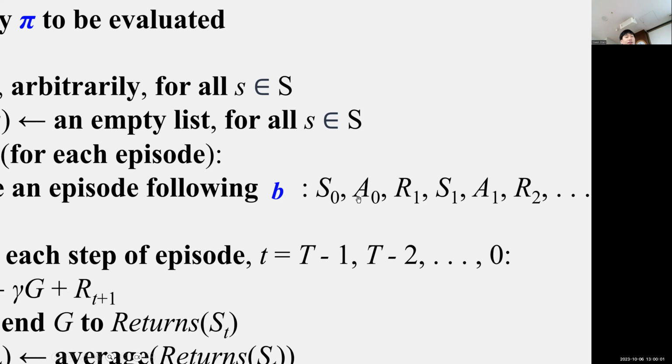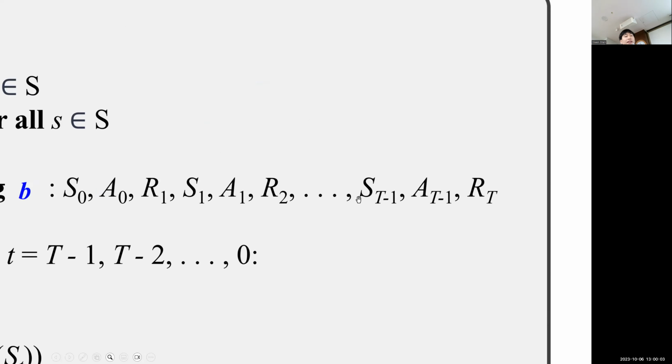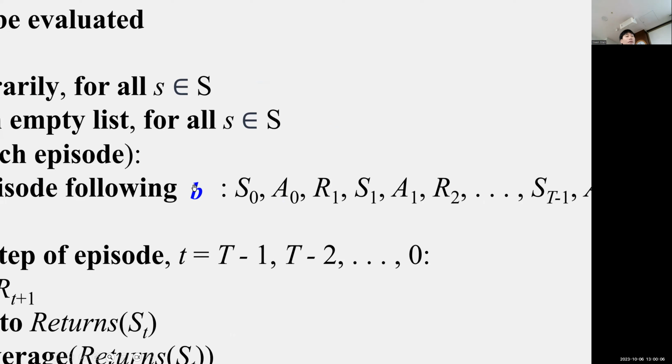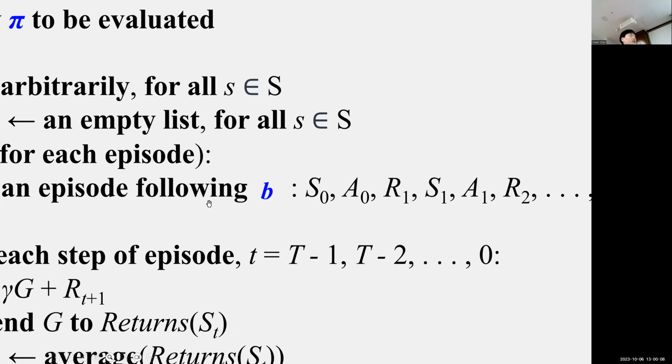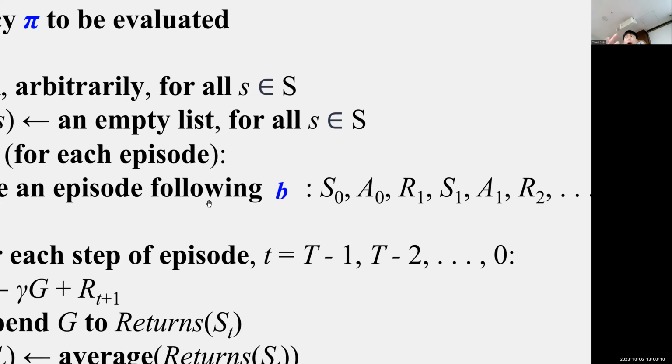Now we generate this episode based on the behavior policy B, not pi. Remember, we are designing an off policy method, which means we have two policies. The original policy is pi, and the new policy is B, the behavior policy.